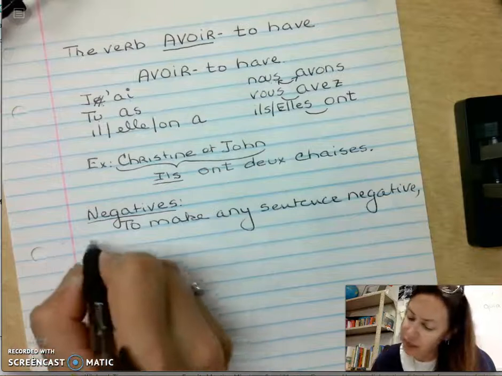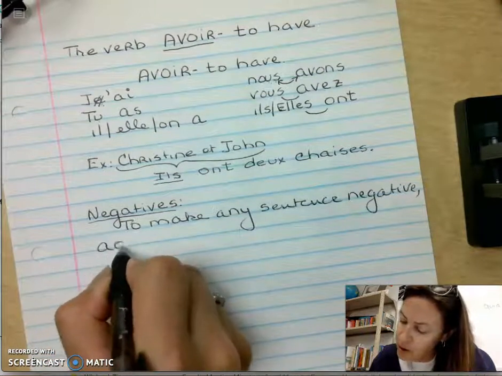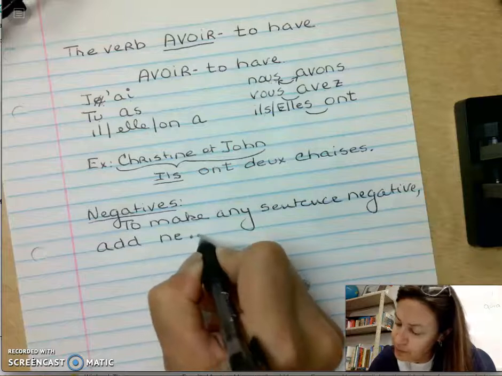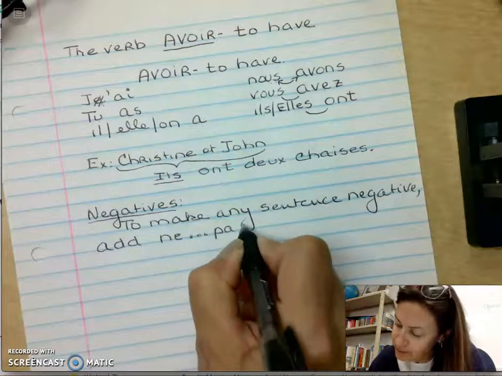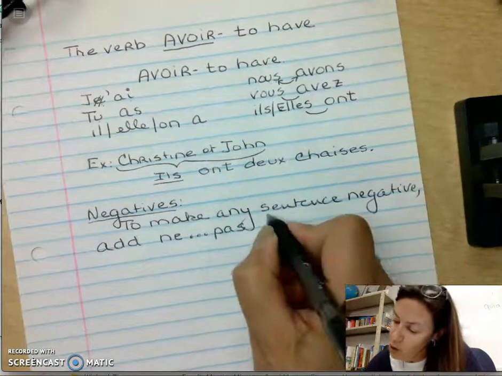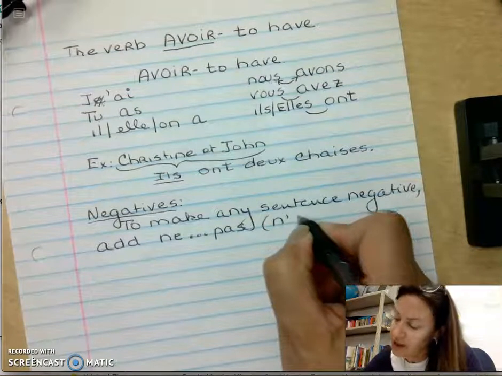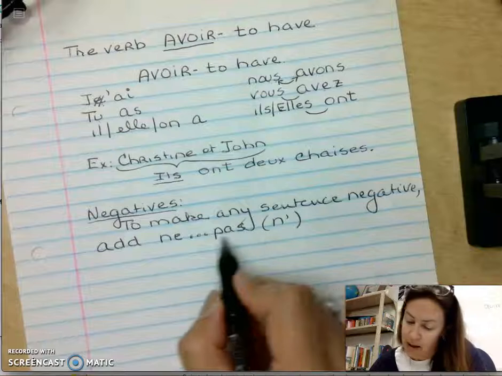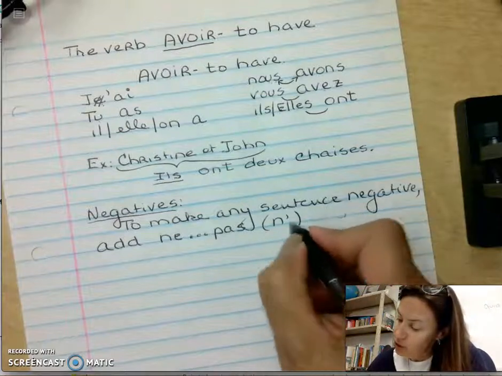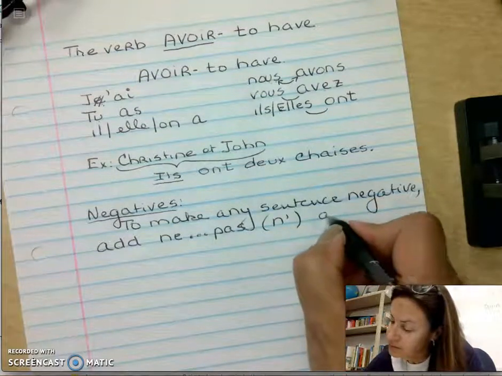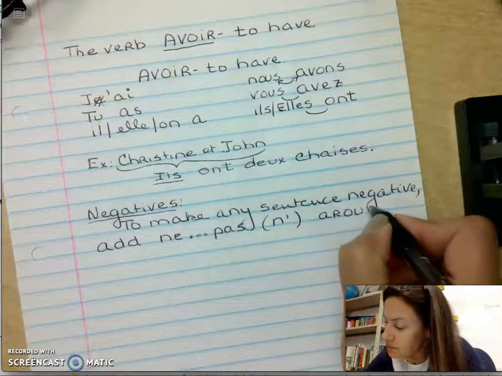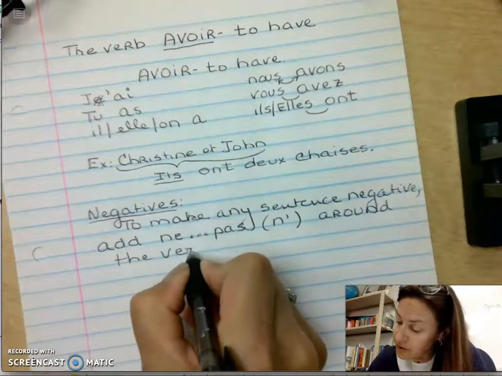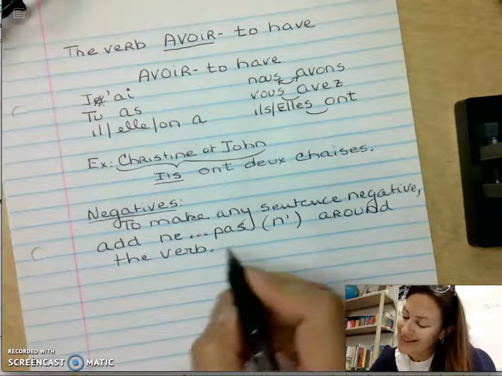There's other ways, but for right now, starting out, we're going to add a ne and a pas, okay? Or an apostrophe if that verb starts with a vowel. And you're going to add ne and pas around the verb, okay? It's like a bookend.